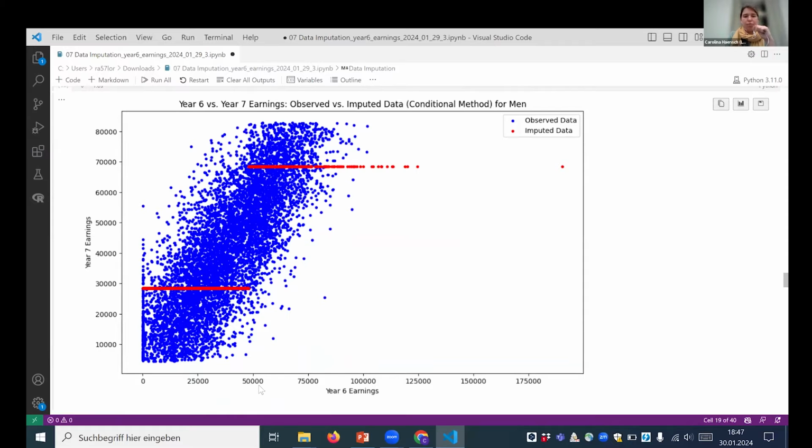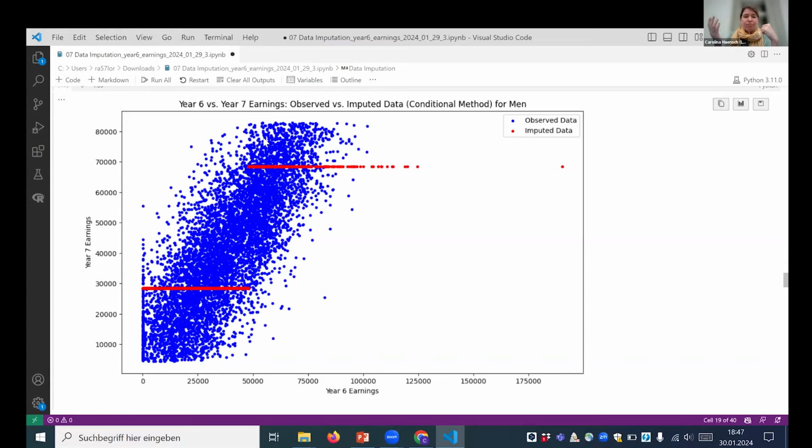So if a person earned less than, I think, 50,000 in year 6, we take the mean of the observed values from this group. So again, those who in year 6 earned less than $50,000, we estimate the mean for this subgroup and take it to impute the year 7 earnings for the people who have missing values in year 7 but in year 6 were below $50,000.